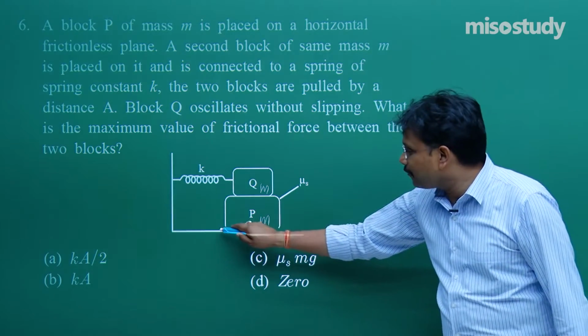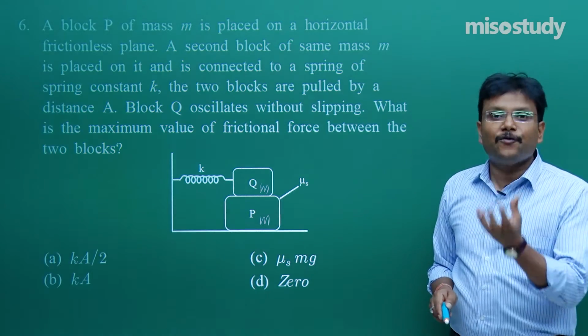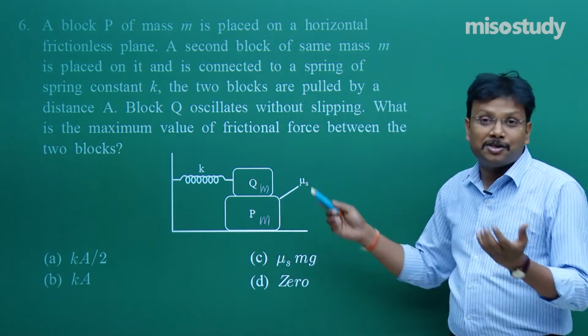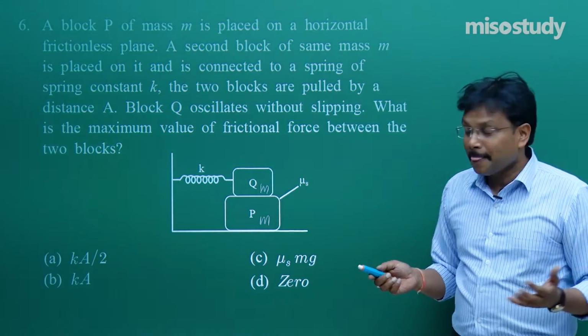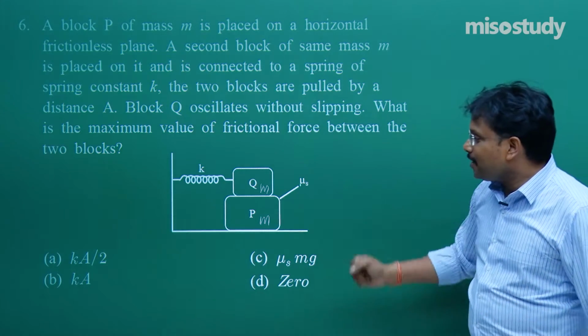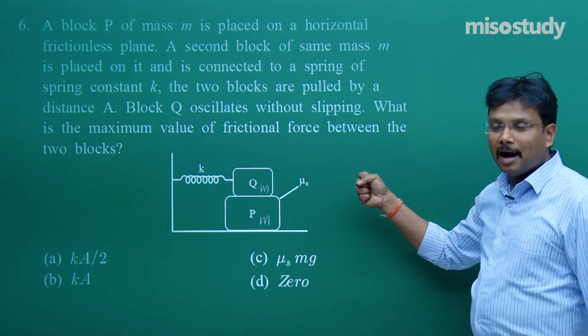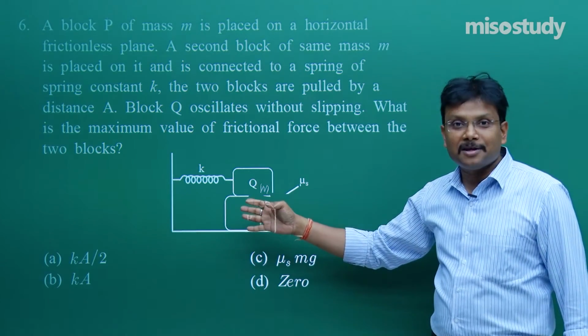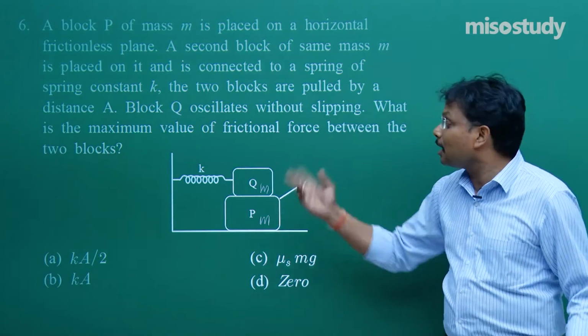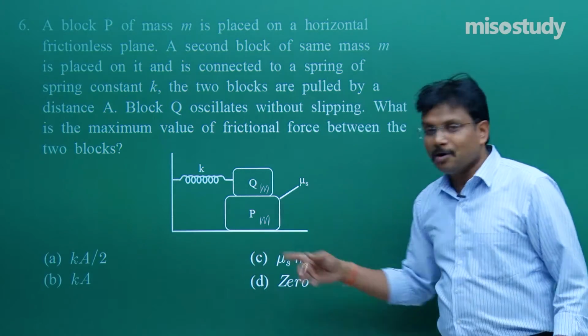Make this surface with some friction, then the situation will change. Or Q alone is pulled and then the oscillation takes place. You may attach one more spring over here.